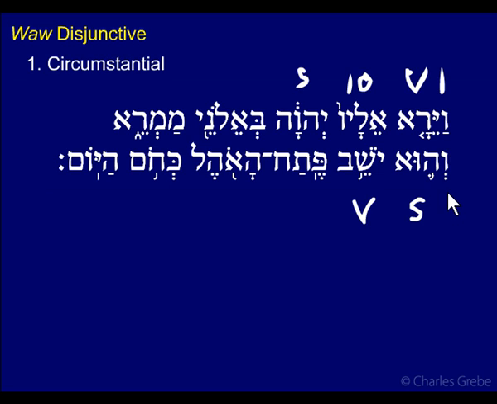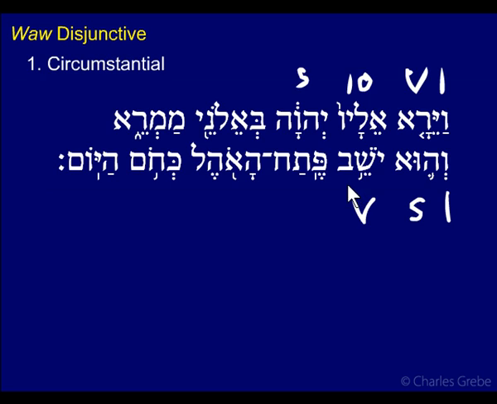So here we have a Waw disjunctive because we have a Waw followed by something other than what we would expect to carry on the sequence, which is a preterite in this case, and then we have the verb later. So it's a Waw x and then our verb. So the way we want to translate this is the Lord appeared to him by the trees of Mamre.